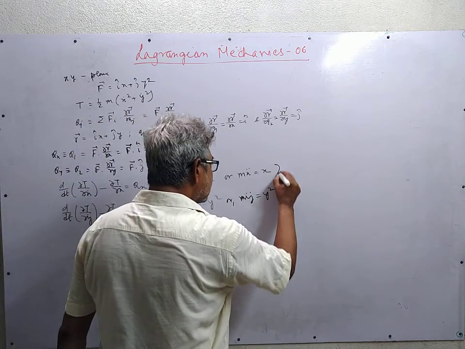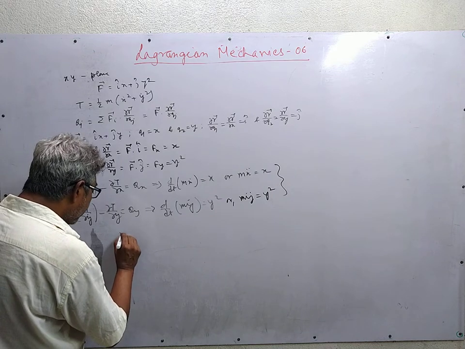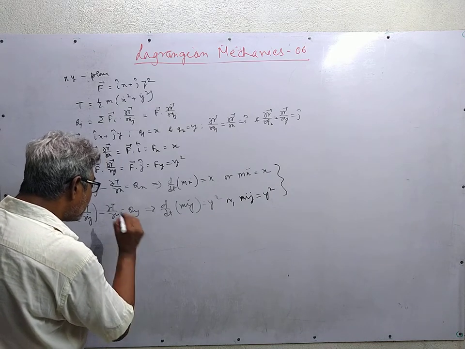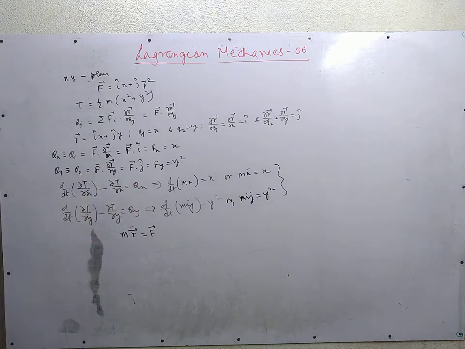These are exactly the same equations which we could obtain from Newtonian mechanics when written in component form. So this is a very simple example of Lagrange's equation when applied to a non-conservative system.